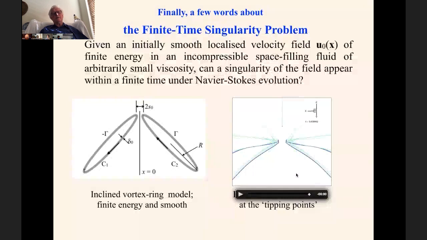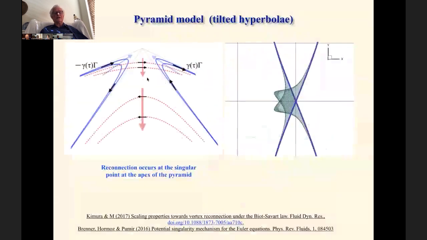Well, this is the phenomenon that we sought to analyze, taking account of the finite cross-section with a Gaussian profile of vorticity across the cross-section. It's as if the vortex rings, which are shown in blue here, are propagating towards the vertex of a pyramid.